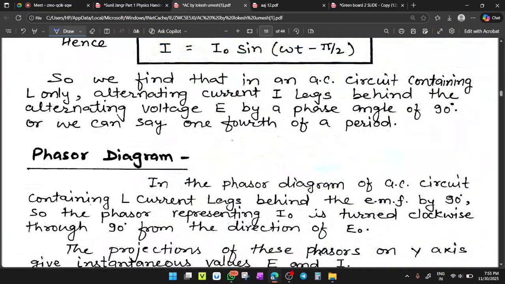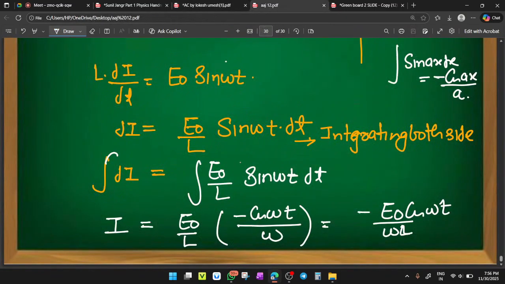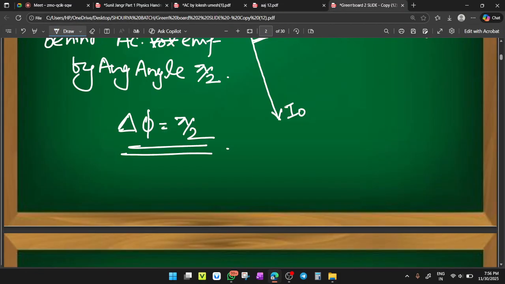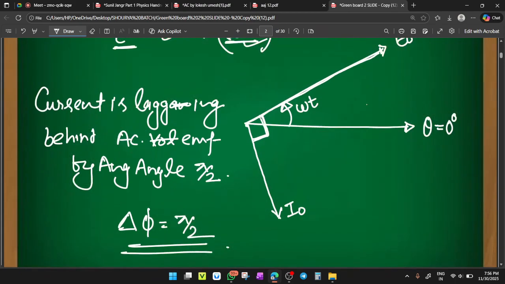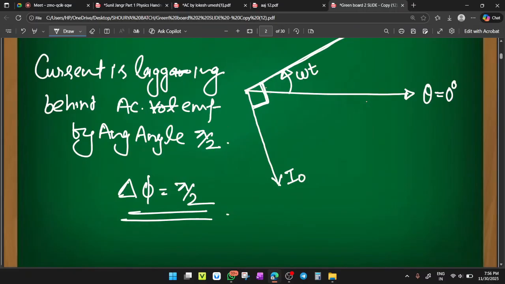So we find that in an AC circuit containing only L, the alternating current lags behind the alternating voltage. Current having a phase of pi by 2 radian less means in the clockwise direction you have to move pi by 2 angle.